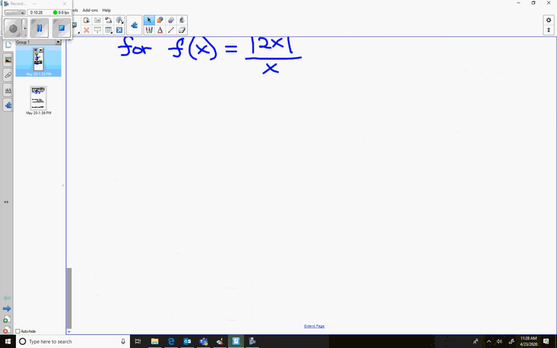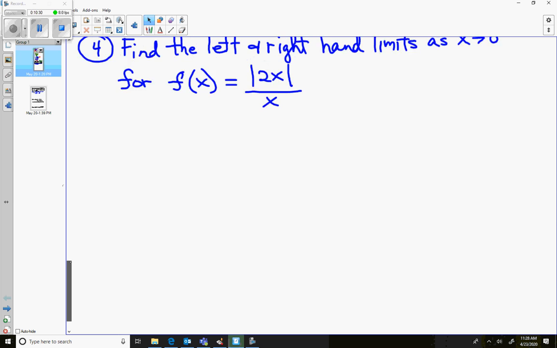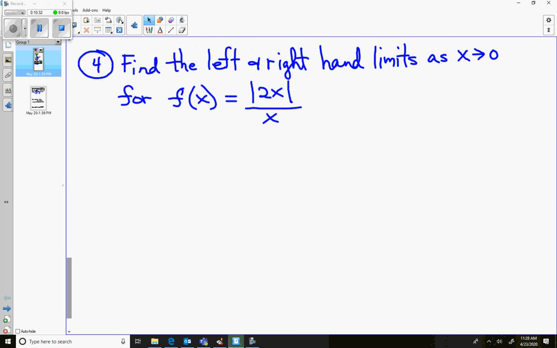So as we move on to number 4, find the left and right hand limits as x goes to 0 for this function. All right, previous lesson we talked about f of x equals. This right here would be a new graph that you need to learn. Quick sketch quiz. Well, this graph up here, there's an extra 2 involved. What does that 2 do to the graph?